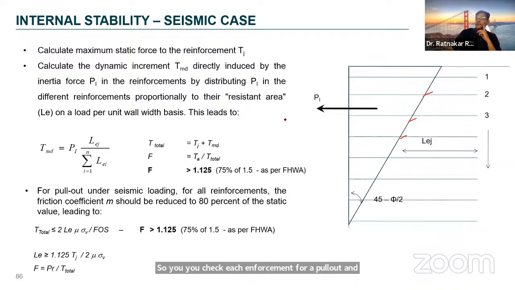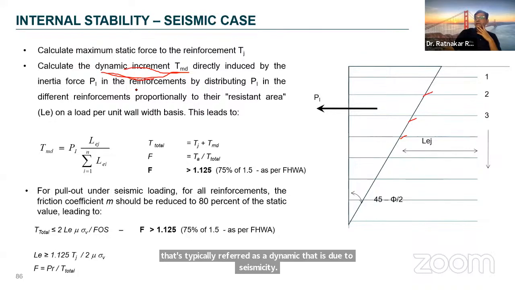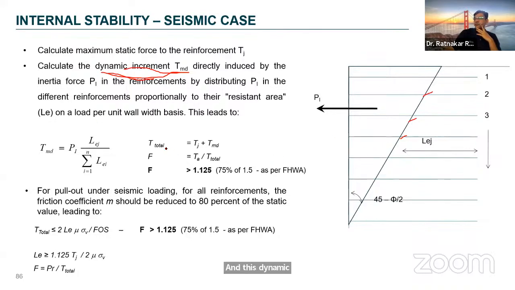And when it comes to the seismic design, you calculate the additional force that's typically referred to as the dynamic increment, which is due to seismicity. This dynamic increment is distributed to the reinforcements proportional to their length of reinforcement beyond the failure plane.